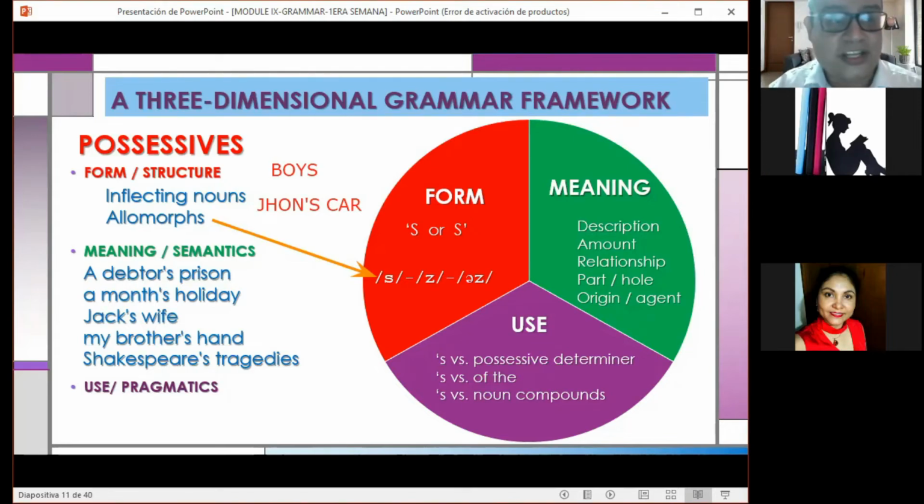So we need to know when to use this possessive case. So notice here all the aspects referring to some grammatical structures. We have 3 dimensions: form, meaning, use. Let's continue.